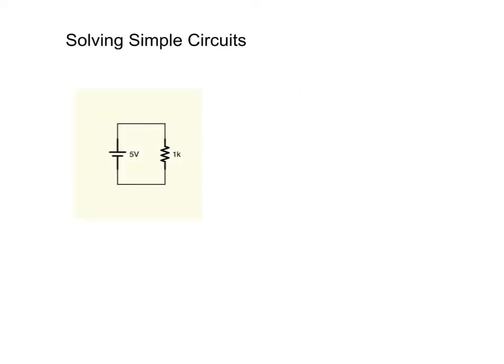So we're now going to solve our first circuit. It's as simple as you can imagine: a 5 volt DC voltage supply and a 1 kilo ohm resistor. Now we will always consider the components to be connected at things called nodes, and so there are 2 nodes in this circuit, one at the bottom and one at the top.